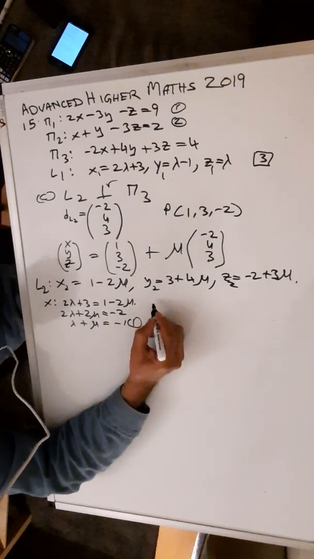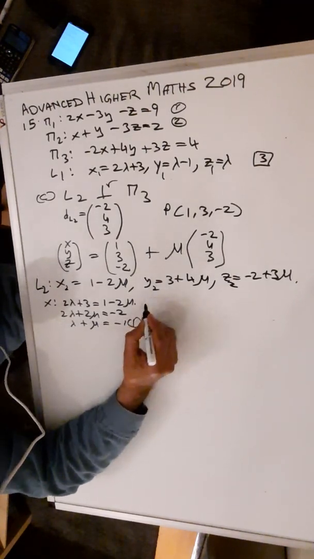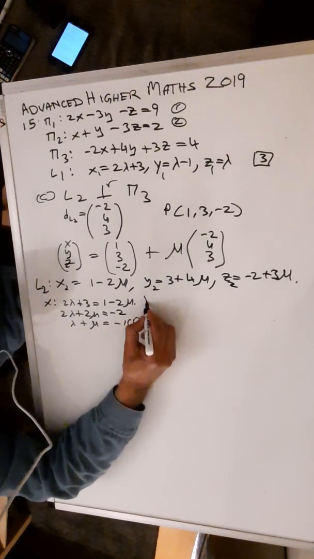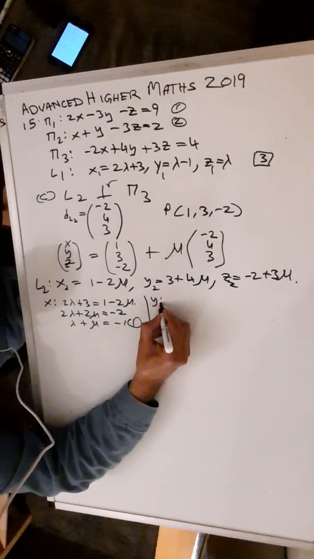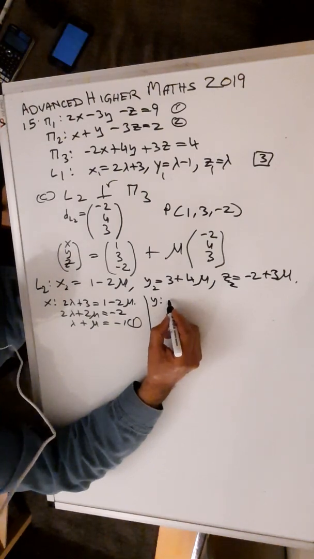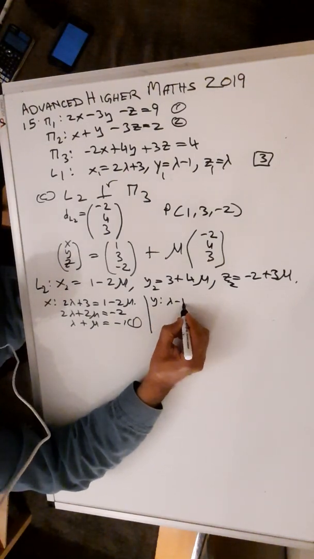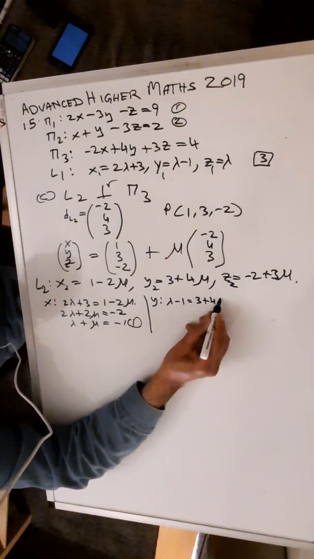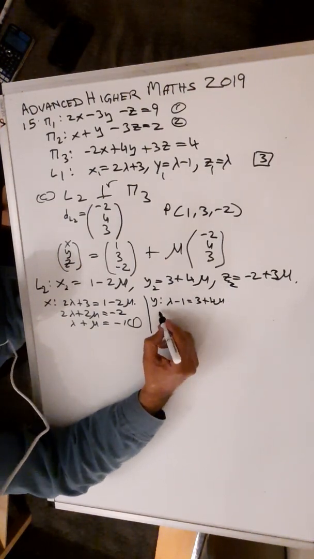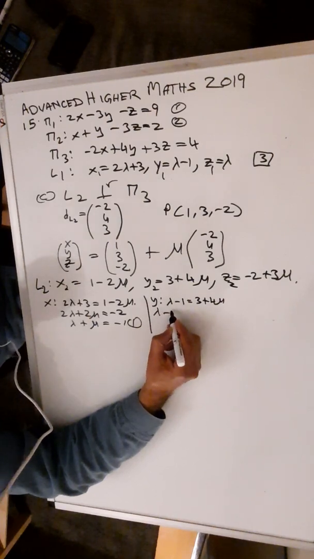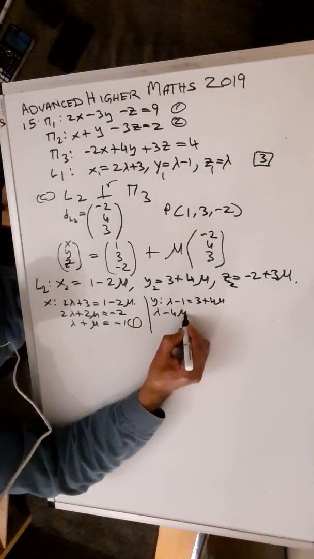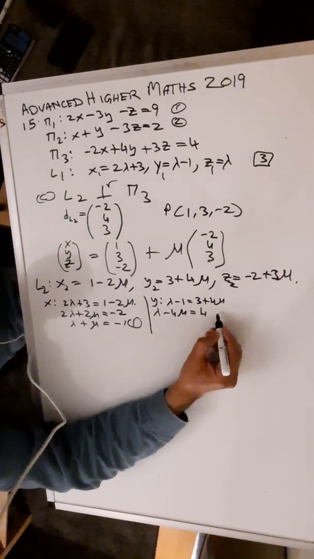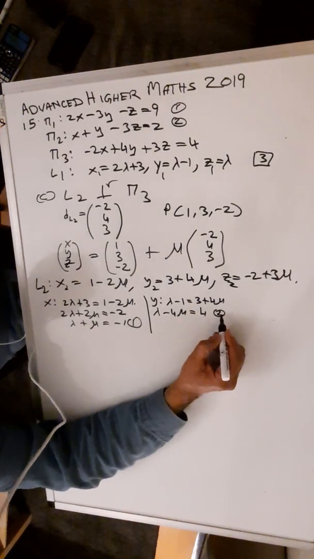That's your x. Now for your y: lambda minus 1 is equal to 3 plus 4 mu. Again, bring it to the left side, so lambda minus 4 mu is equal to 4. That's your second equation.